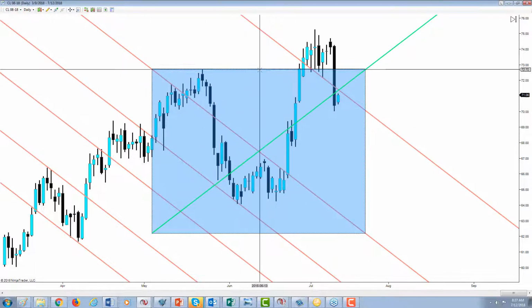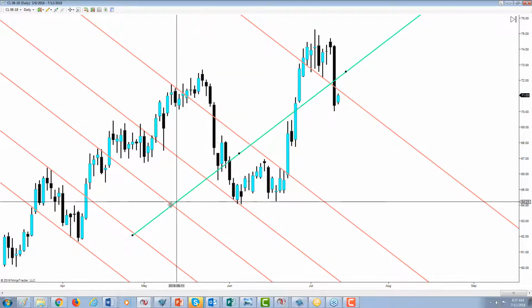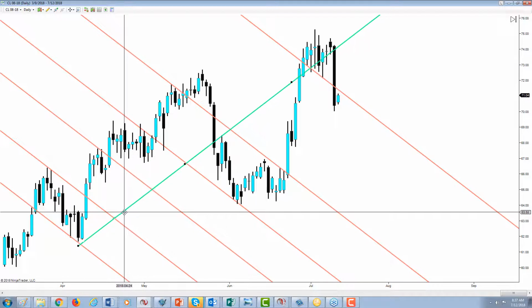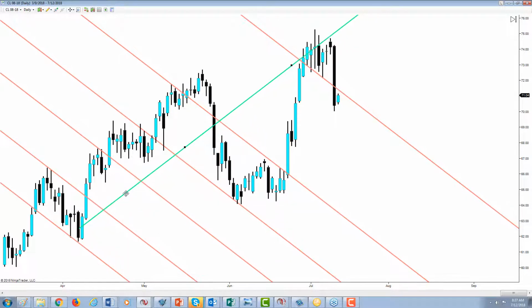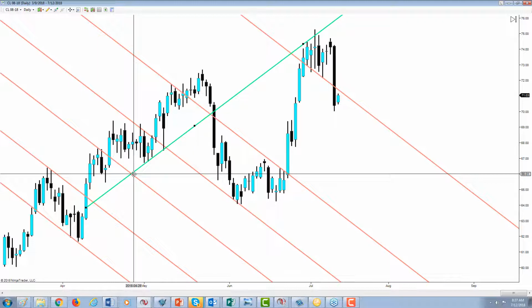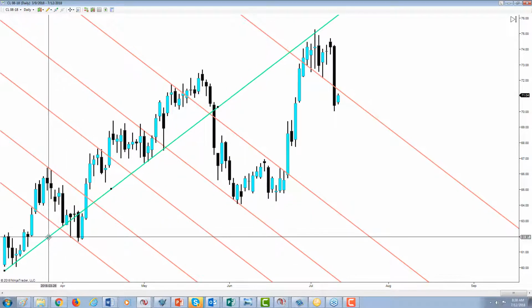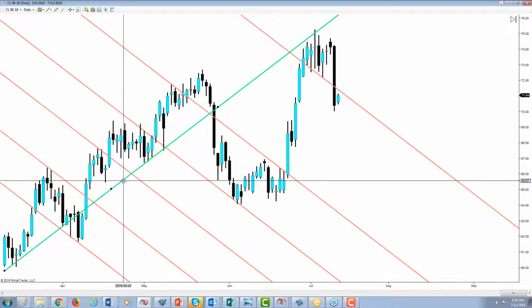So now we have two equal but opposite angles, mirror images of each other. And you see how I've just picked that bottom here, Gary, real quick, and where everything is lining up along it. That's going to really help us.